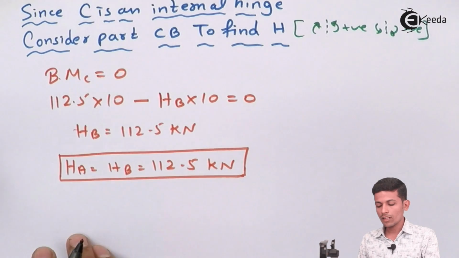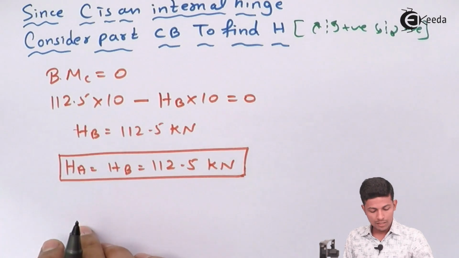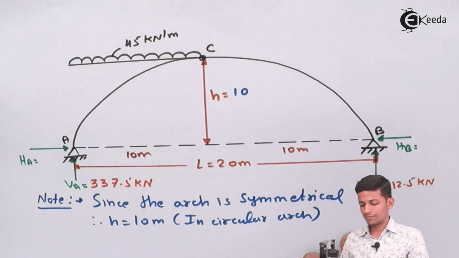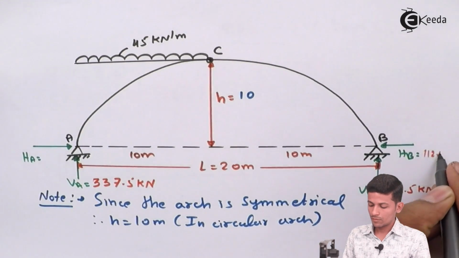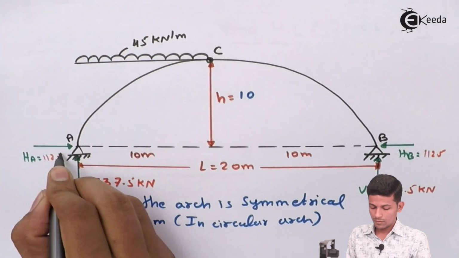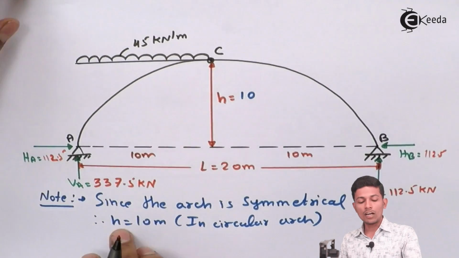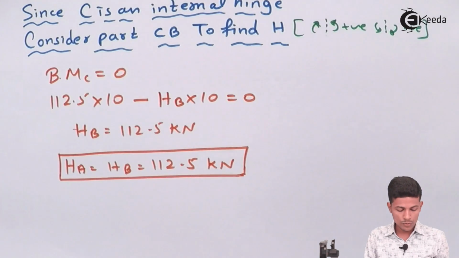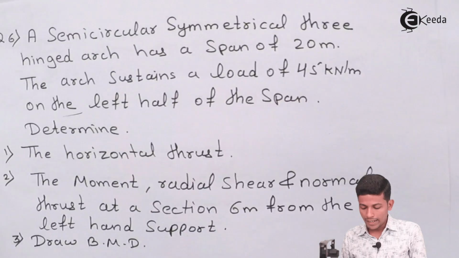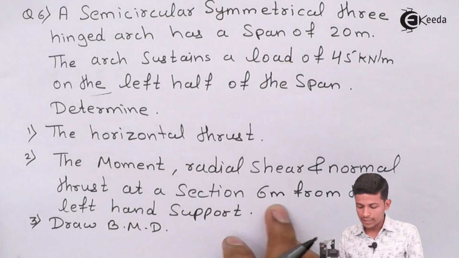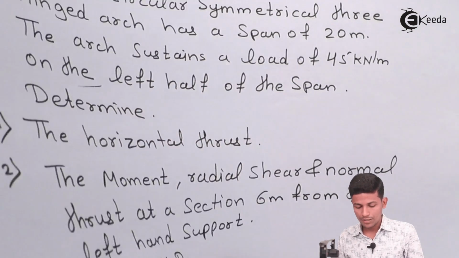Okay, now after that put it in this. Now the next question asked over here is the moment, radial shear and normal thrust at a section 6 meter from the left hand support.